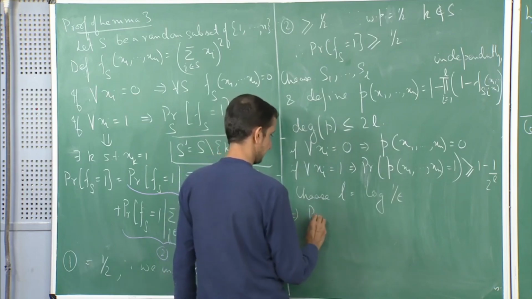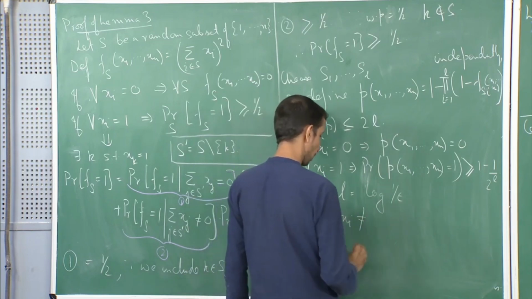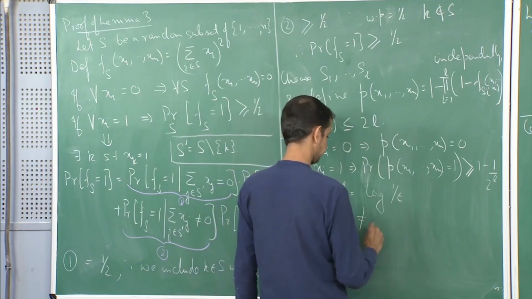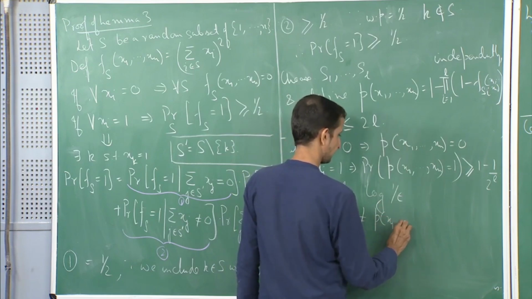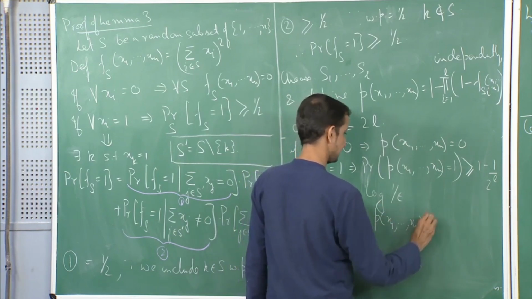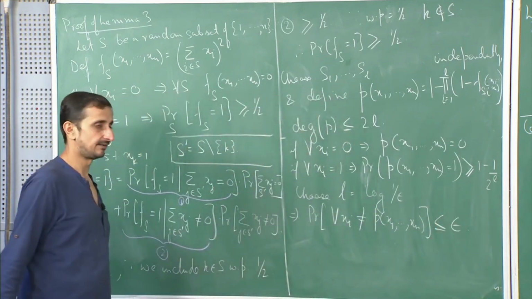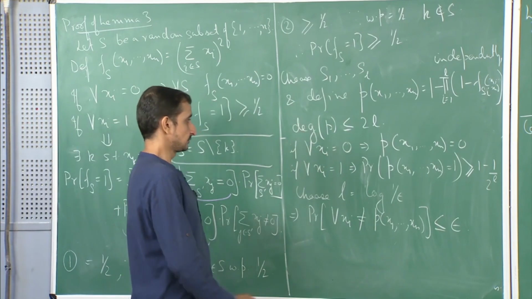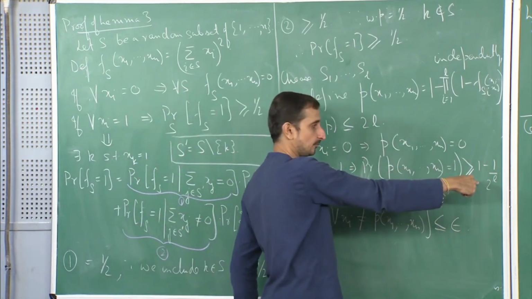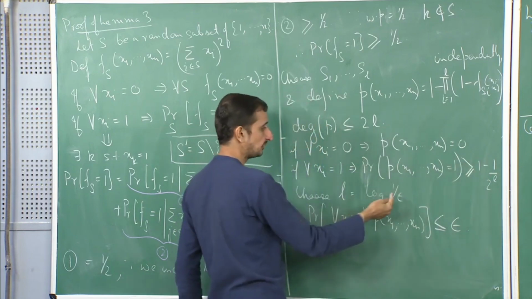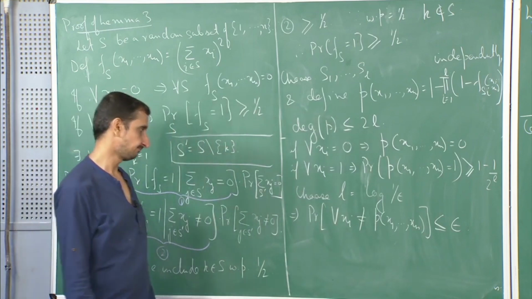This implies that the probability that OR of xi is not equal to P of x1 to xn is at most epsilon. Okay. So, in this case there is no error. In this case the probability of an error is 1 over 2 to the power L, and for L equal to log of 1 over epsilon, 1 over 2 to the power L is nothing but epsilon.